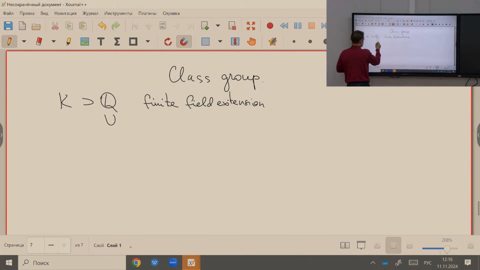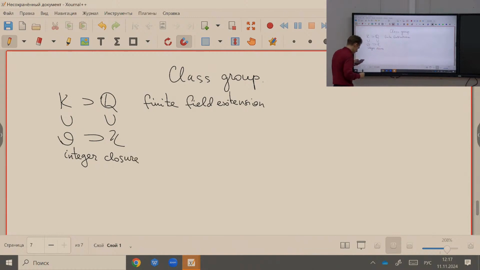So you have Z here, and you have now O, which is the integral closure of Z. Here we discuss fractional ideals.